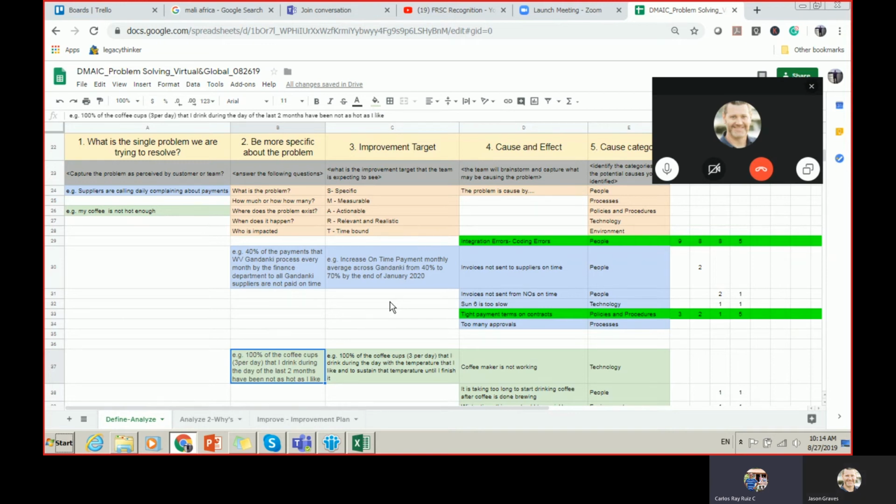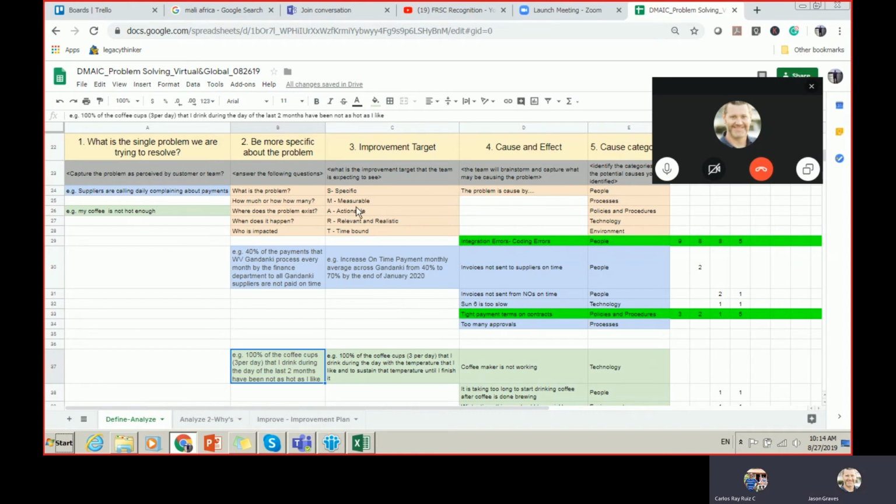Or 100% of the coffee cups, 3 per day, that I drink during the day, with the temperature that I like, and to sustain the temperature until I finish it. You can come back to this goal later, after you have identified some of the root causes. But it's important that you establish an improvement goal that you're going to be pursuing for the length of this project.